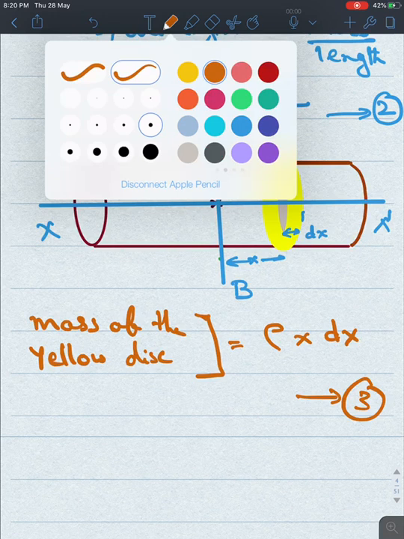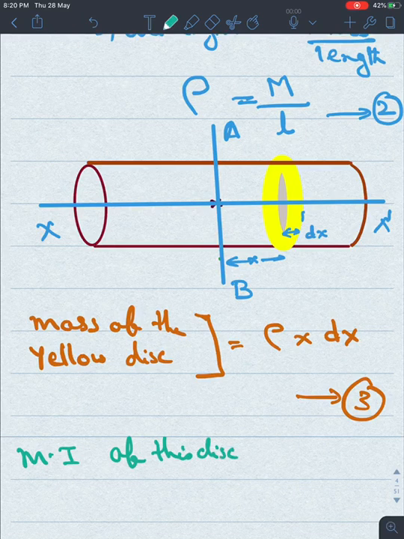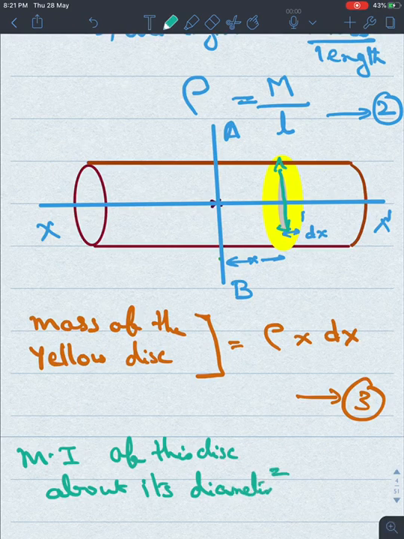Now according to equation 1, the moment of inertia of this disc about its diameter, you can see it's the diameter, is equal to mass times radius square divided by 4.